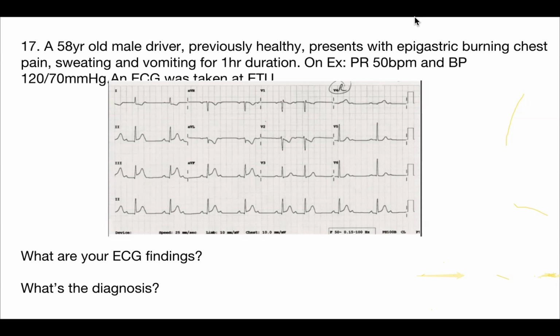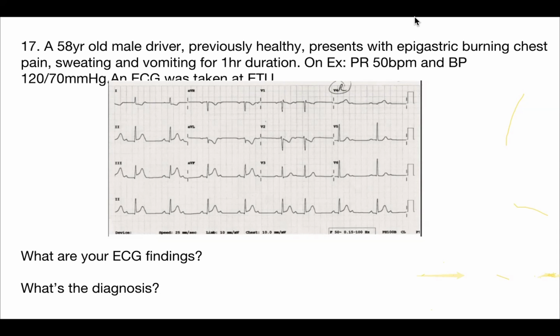Okay. So remember, in complete heart block, the salient point is AV dissociation. Now here, if you see the rhythm strip, is there AV dissociation or AV association? Yeah.